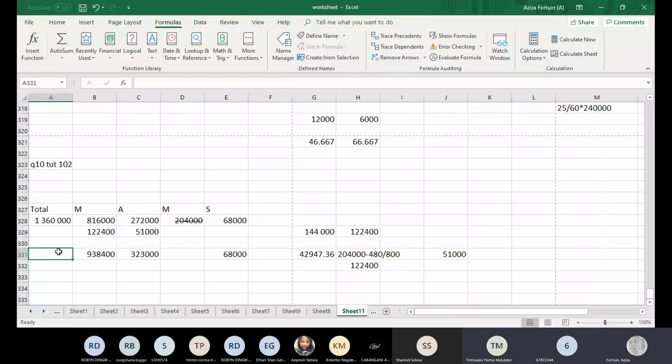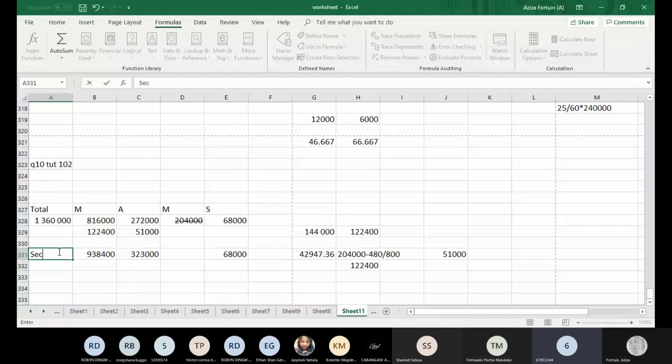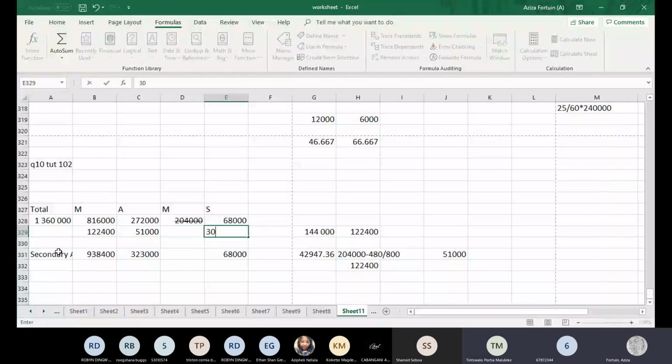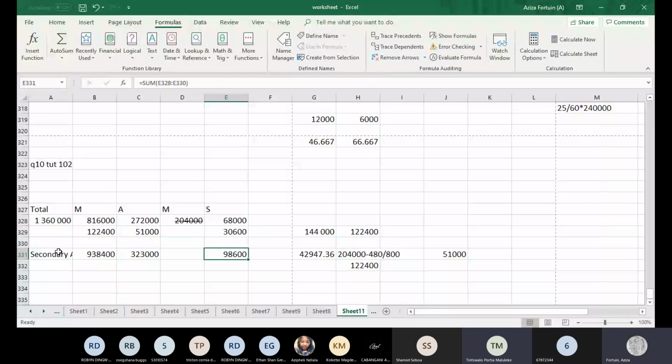For stores, I think it's 30,600 if I'm correct. Can you explain to them how you got the 30,600? I used 204,000 times 480 divided by that 800.